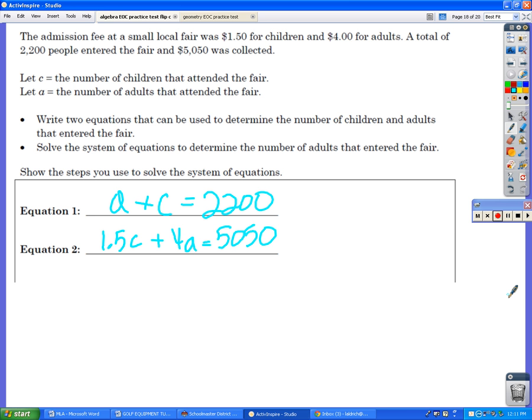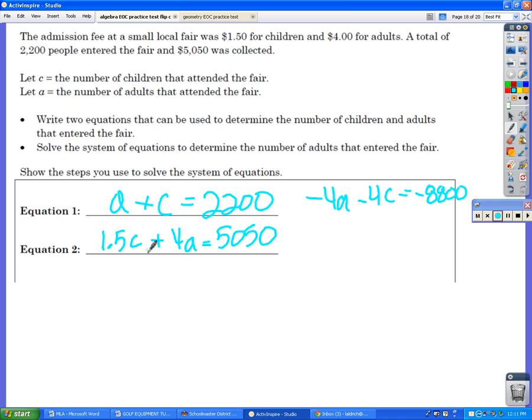So we can go substitution or elimination. You guys usually like elimination. You want to do that? Okay, what number can I multiply this top equation by to get something to cancel with the bottom? Negative 4. So I'm going to make this negative 4a minus 4c equals negative 8,800.